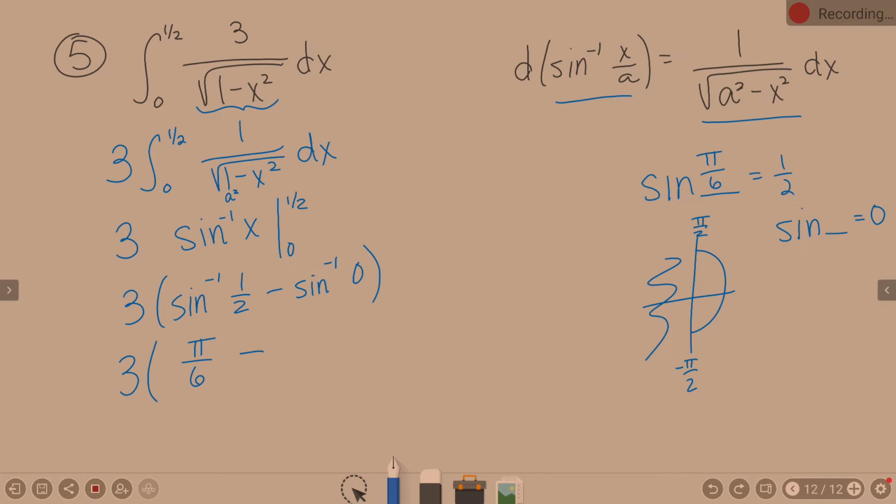Well, remember, ordered pair, right? 1, 0. And so the y value is sine. So 0 degrees is 0. So you really end up with 3 times pi over 6. So 3 pi over 6, which reduces to pi over 2.